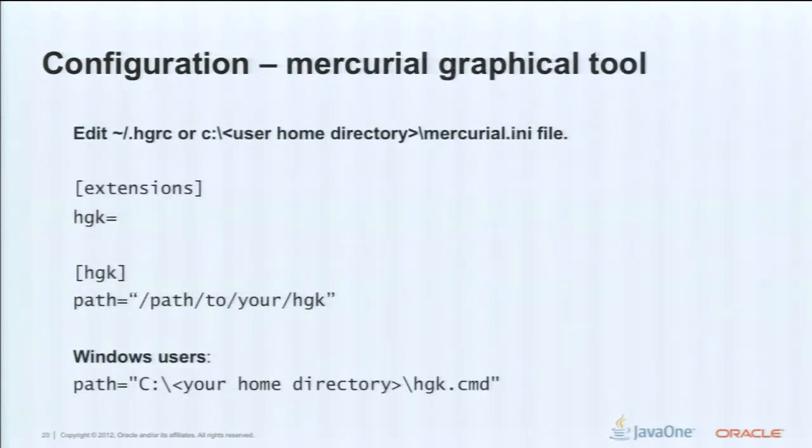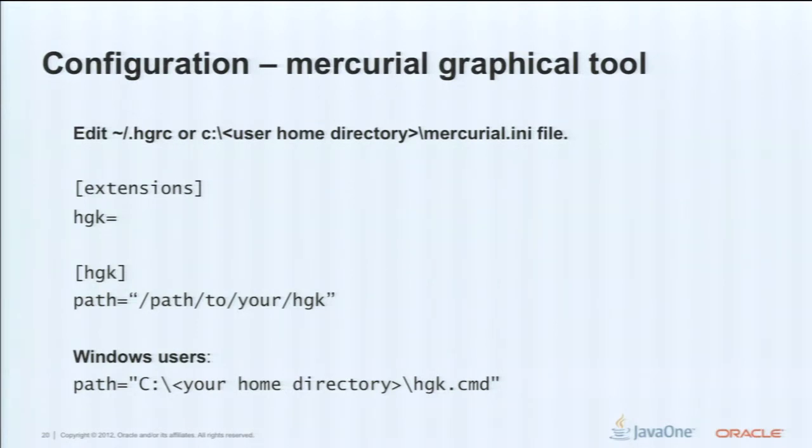Okay, for example, how to configure the Mercurial graphical tool. We are going to talk about the graphical tool that comes with Mercurial. Its name is just HGK, or you can run it with the hgview command. So how to configure it? You just put the extension hgk in the extensions section of your configuration file and put the path of your hgk in the hgk field.